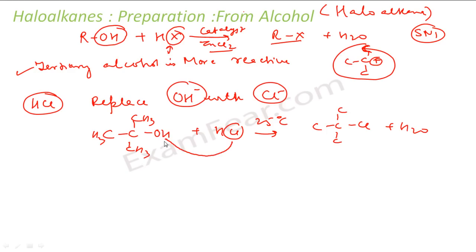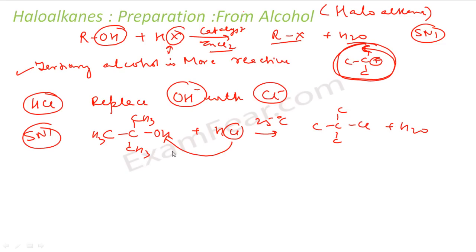Here my Cl minus will kick out this OH, and this is an SN1 reaction actually. Why SN1 reaction? We have studied this in class 11, and we'll revise that, because of the steric hindrance here, the HCl won't be able to attack on this OH, but OH will leave on its own because this is a stable carbocation.